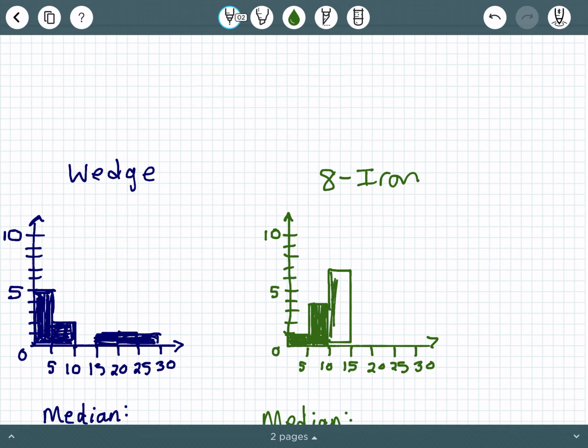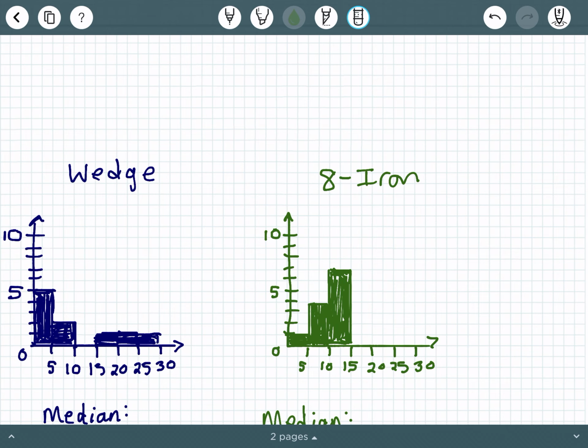Shade that in. I'm going to clean this up here just a little bit.